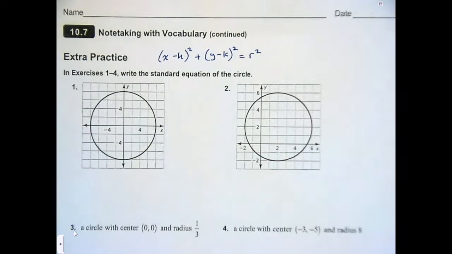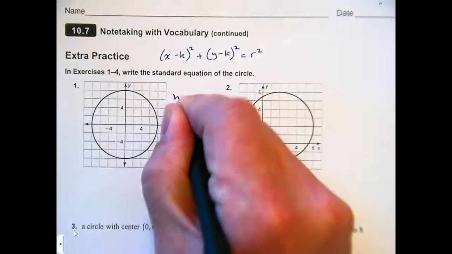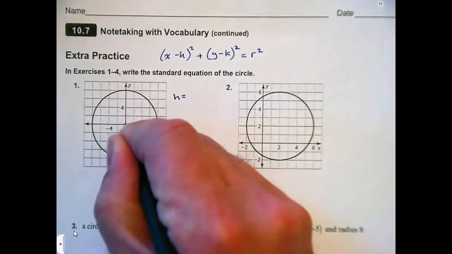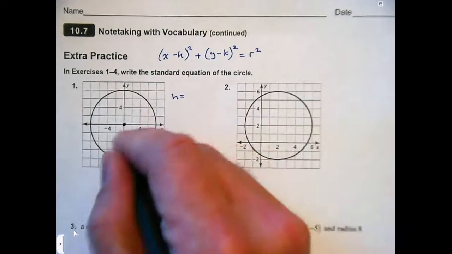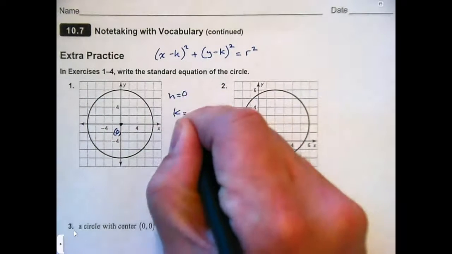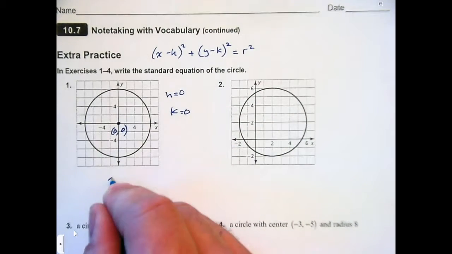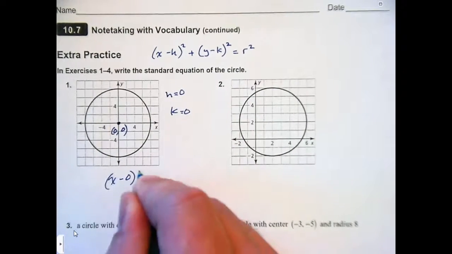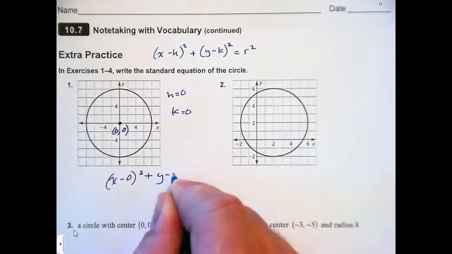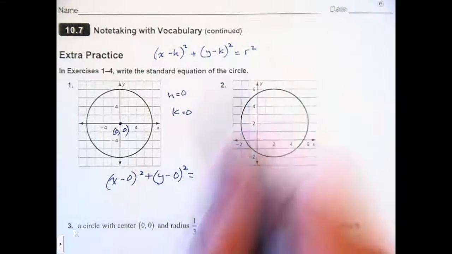Isaac, what's the center? It's true, HK is the center. So what is H? 0. Okay, it's your X value. And what's K? It is 0. So HK is 0, 0. So if I plug all that in, (x - 0) squared plus (y - 0) squared equals, what's R again?